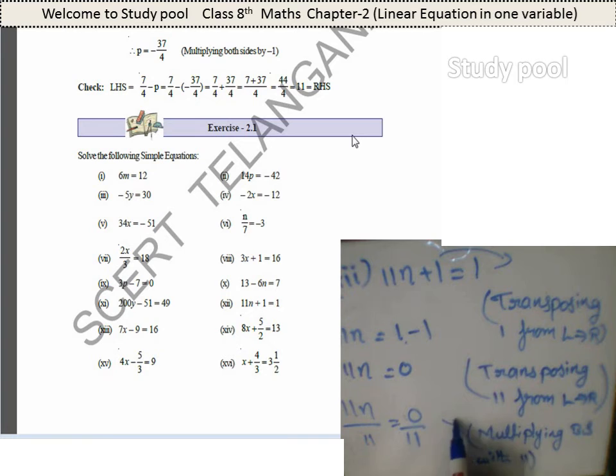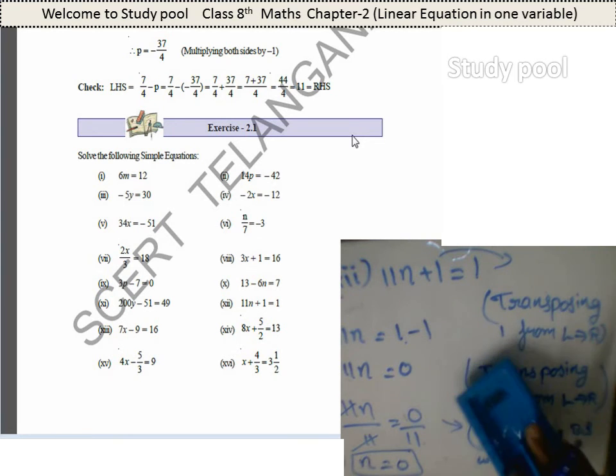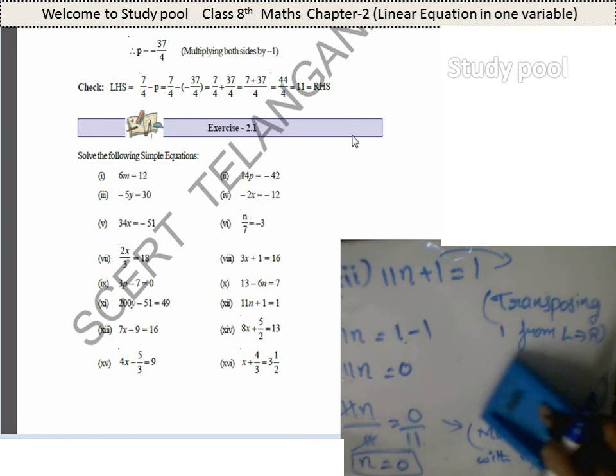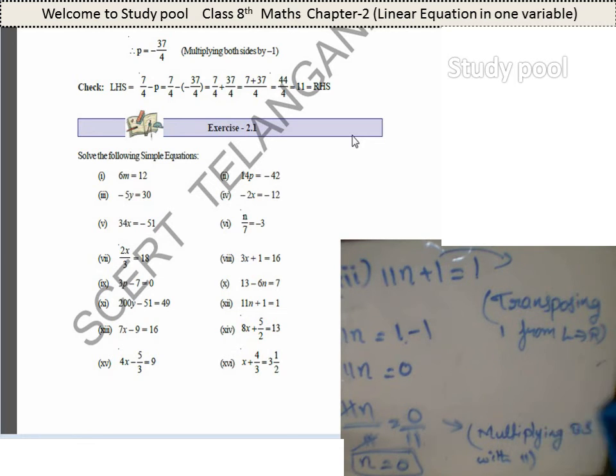What I did was divide by 11 on both sides. So 11 ones are 11, so n only we are getting. Here 0 by 11 is also 0. In this way also you can do. Okay, two methods you have here. Instead of transposing, you can write like this also. Got it? So we'll do the next one now.